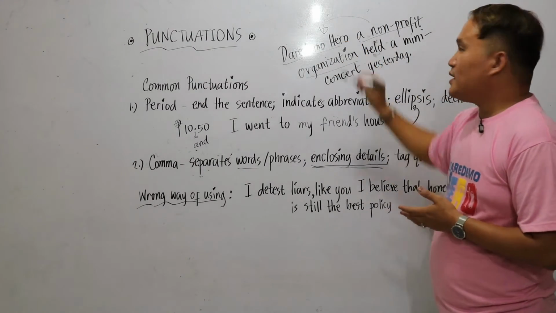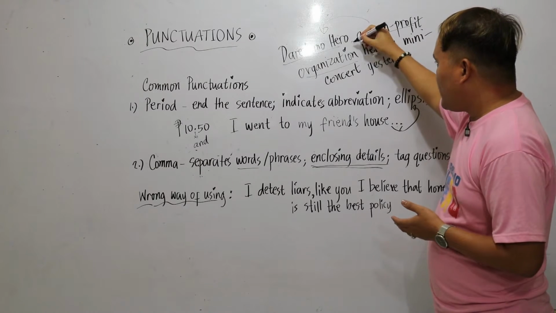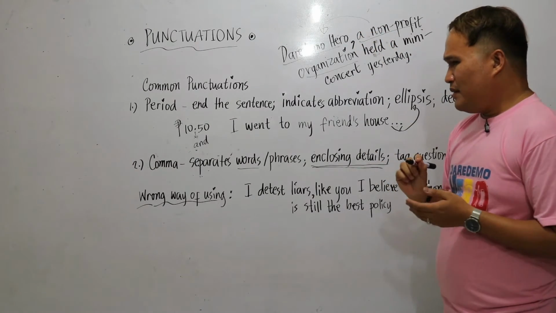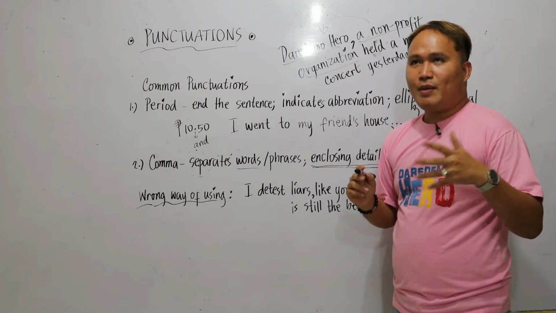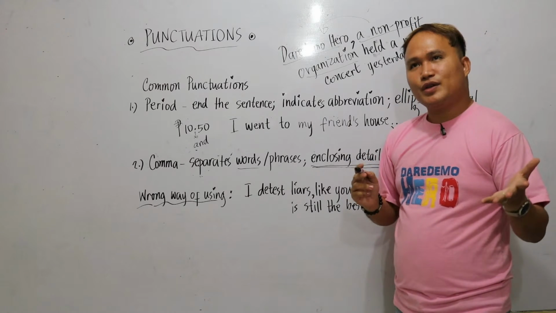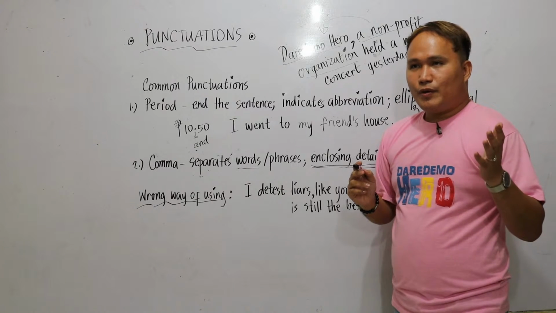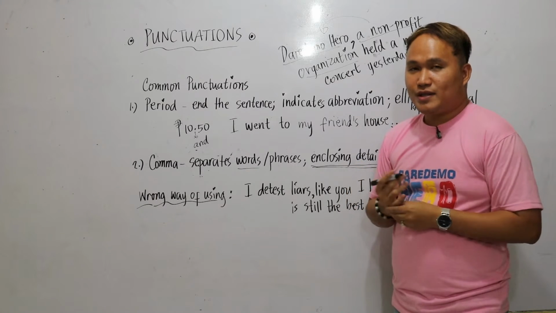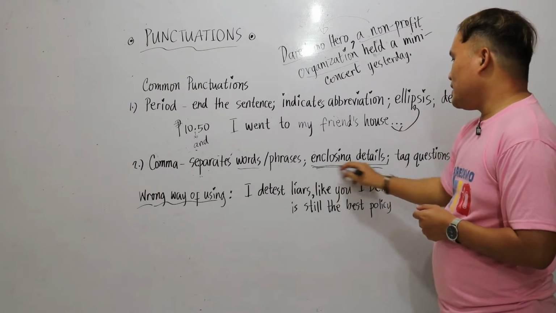So you need to put a comma, okay. Usually, enclosing details, you're just going to tell more about the subject, tell more about that thing or person or whatever that noun or pronoun you're talking about in your sentence. So you have to put a comma, okay. That's what enclosing details mean.